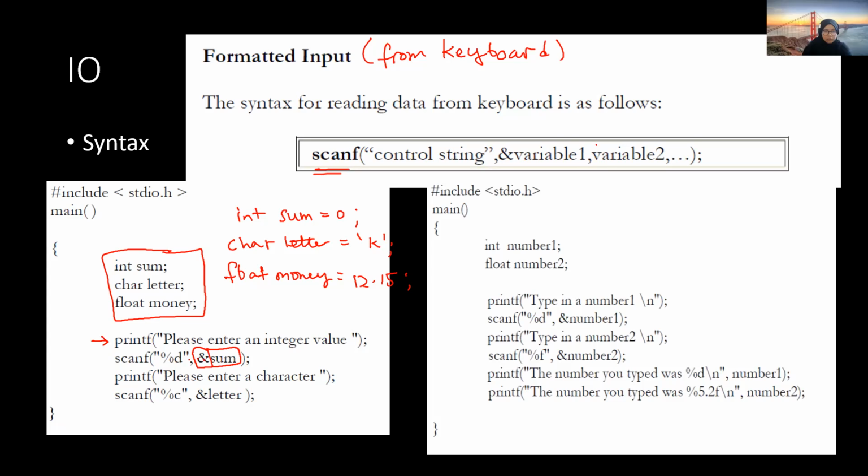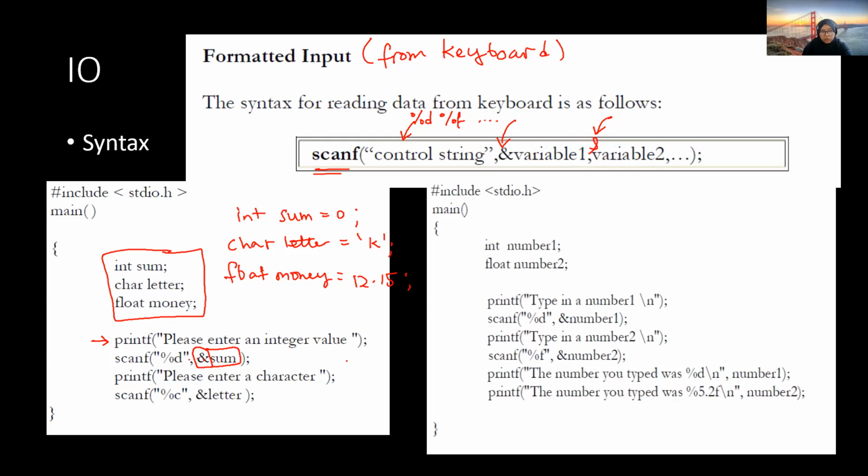This is a typo, it should be something like this. So this one, symbol ampersand and symbol ampersand. The control string right here is your specifier, like D or F, which controls the string. And then the next one is going to be enter the letter and so on.